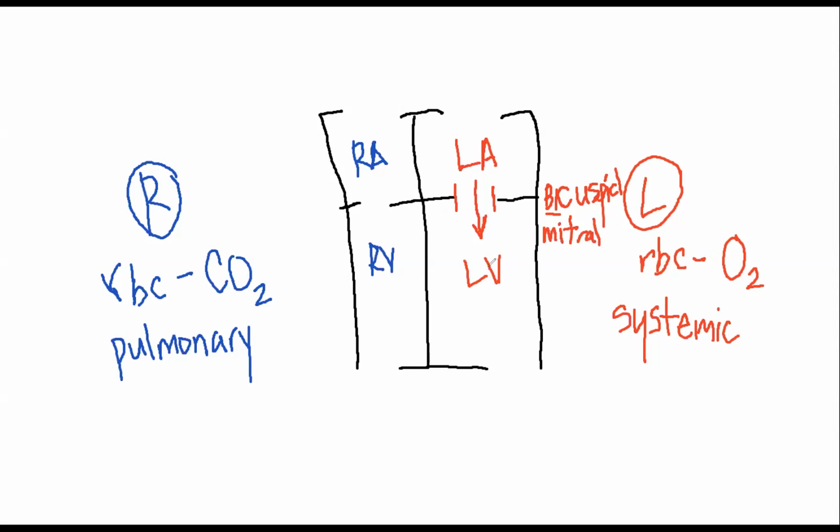Now, from the left atrium it goes into the larger room here, or chamber of the heart. That's your left ventricle. And it goes through a semicircular or semilunar valve, not circular.